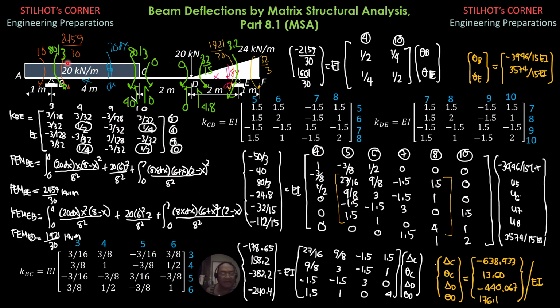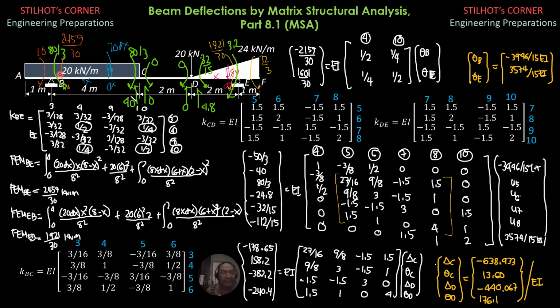Then the net fixed end moment again is for BC, W L square, 20 times 4 square over 12. You'll get 80 over 3, 80 over 3 by symmetry. CD has no loading in between, so there's no fixed end moment, there's no fixed end force.